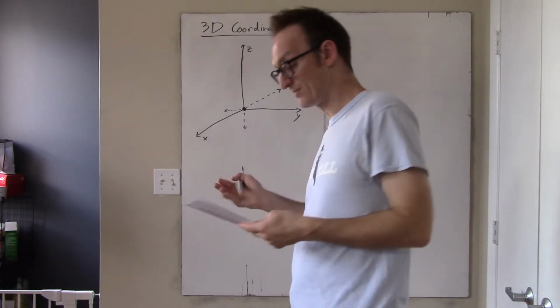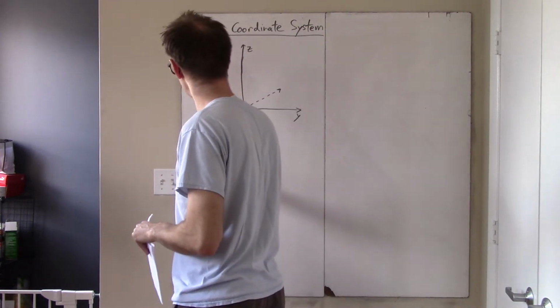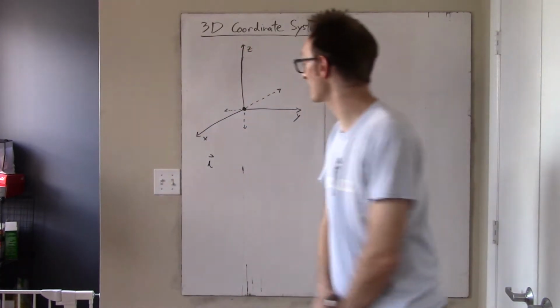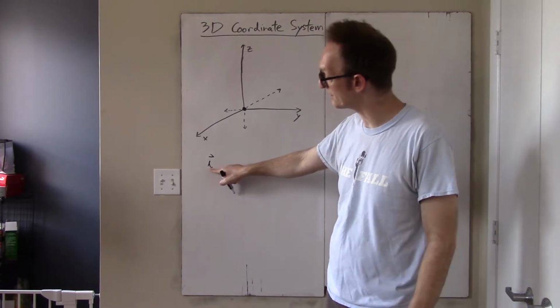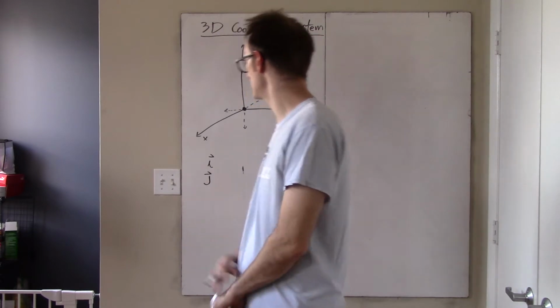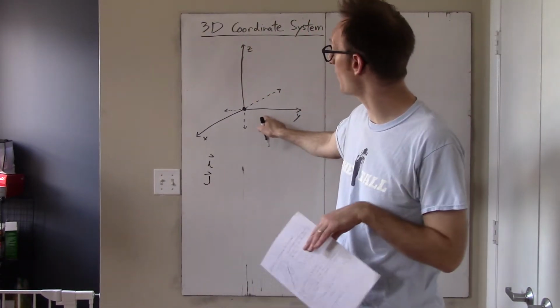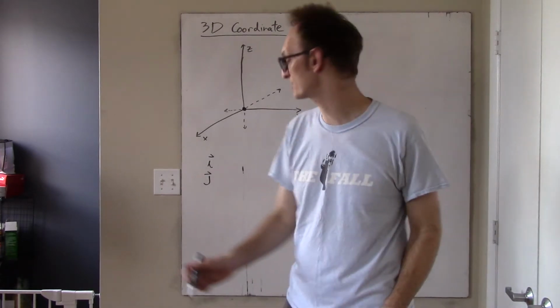Let's not forget, i is the unit vector that points in the positive x direction and has magnitude 1. j is the unit vector in the positive y direction of length 1. That's what unit vector means.